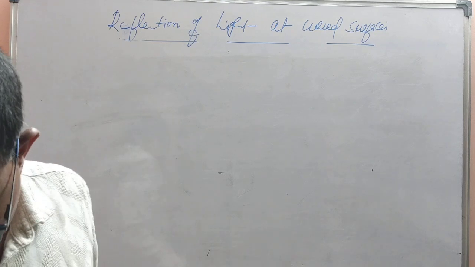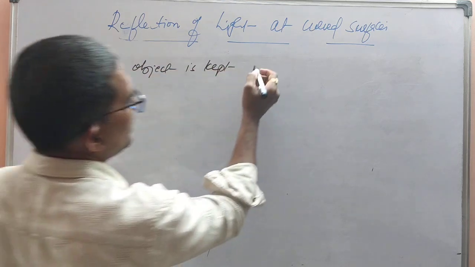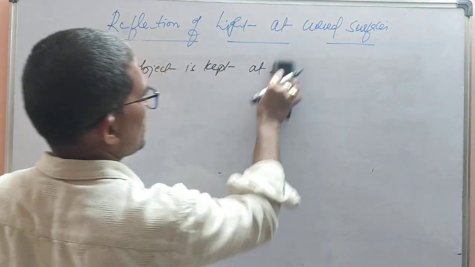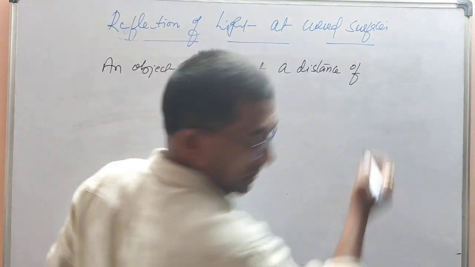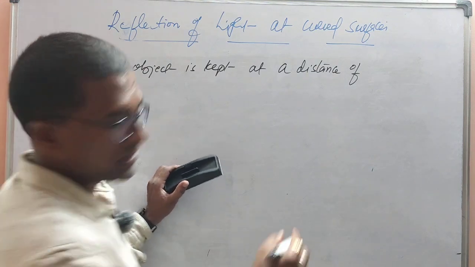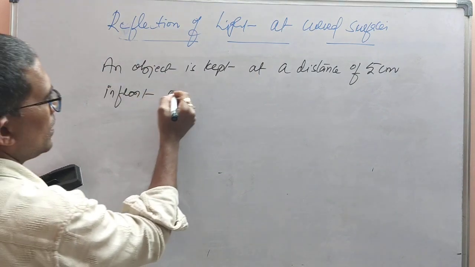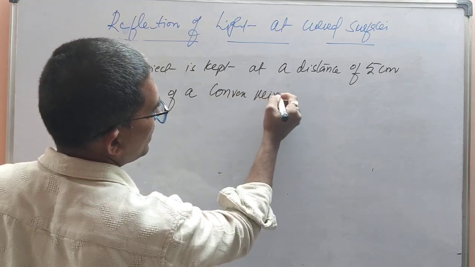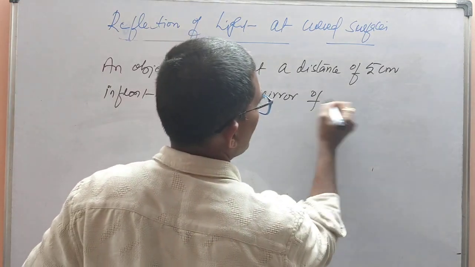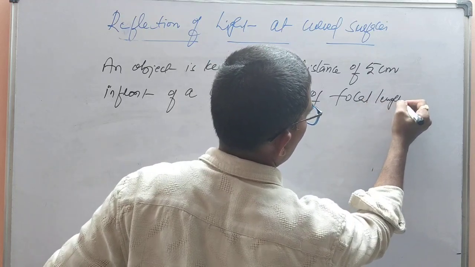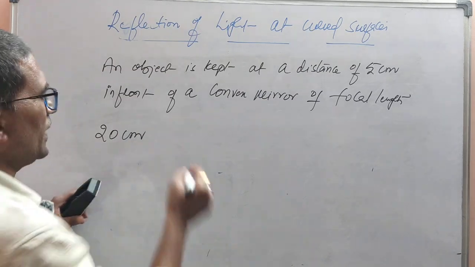Now, an object is kept at a distance of 5 centimeter in front of a convex mirror of focal length 20 centimeter.